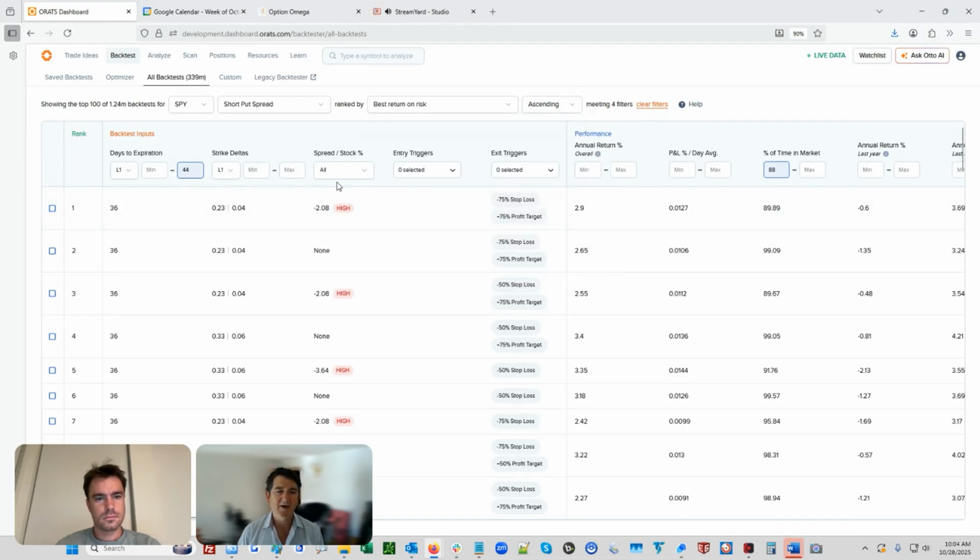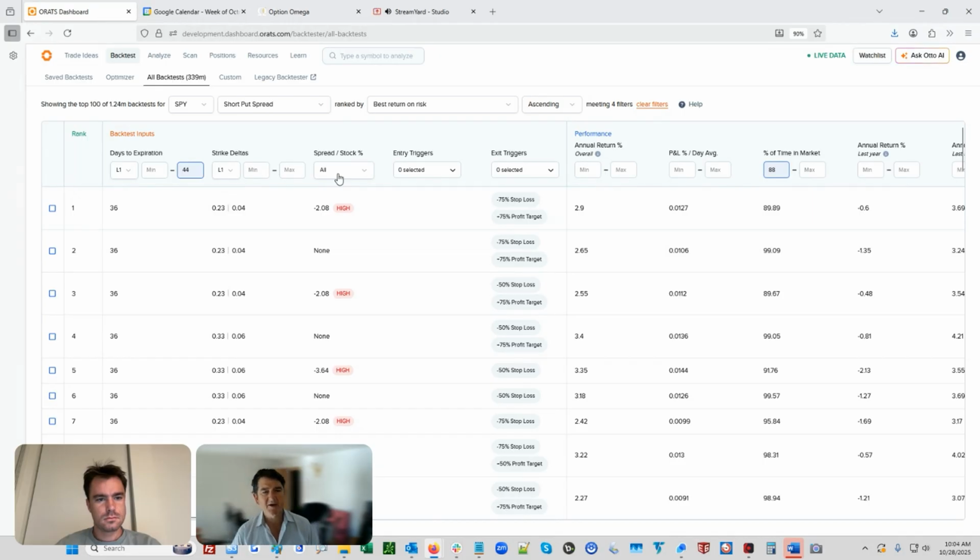We have various ways to filter down. You could look at every leg and look at days to expiration. So I'm looking at a short put spread, so I want some theta, so I put the max days at 44. The deltas, I don't mind, out of the money right now.